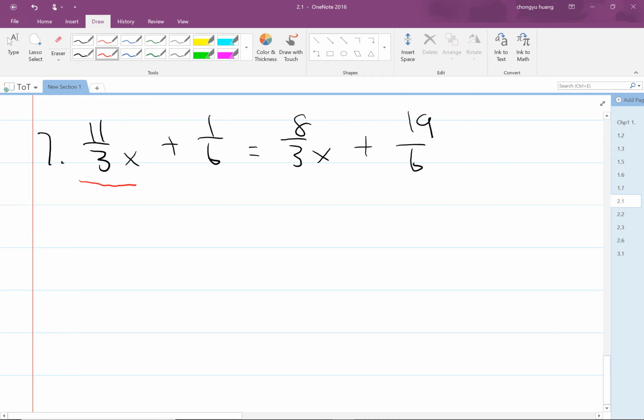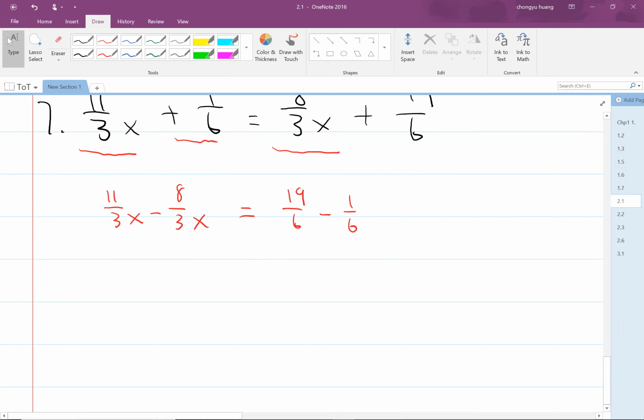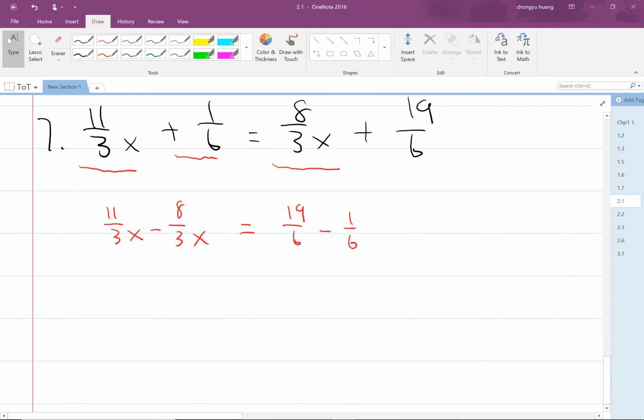So you see we have 11 over 3x on one side, and we have another 8 over 3x. So right away, you have to put those terms on one side. After that, you just move plus 1 over 6 to the other side, so it becomes negative 1 over 6. Then you just do the subtraction.